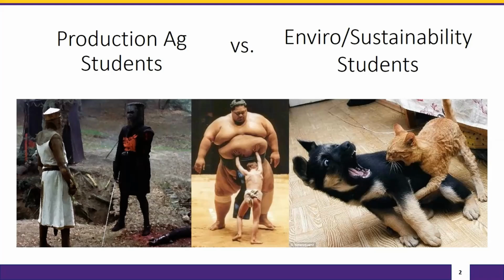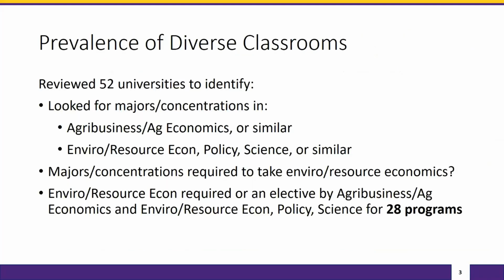Okay. And so what I first did was I looked at a variety of programs and basically wanted to understand how often environmental kids and ag kids were going to be in the same environmental resource classroom.